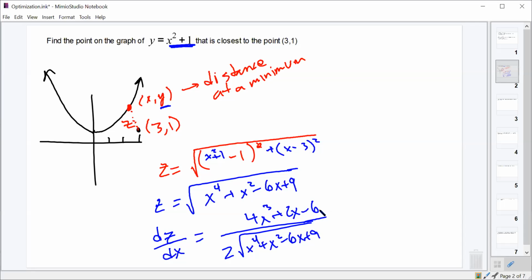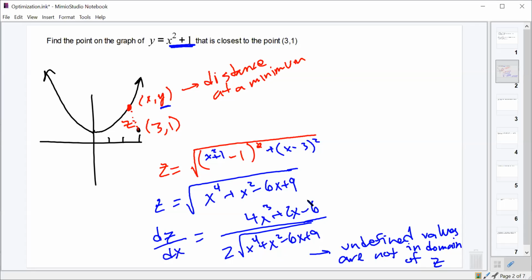Okay. So first off, any values that make this undefined are not in the domain of z. And we should be able to see that because anything that makes the denominator here 0 would be an x value that makes root (x to the 4th plus x squared minus 6x plus 9) equal to 0.